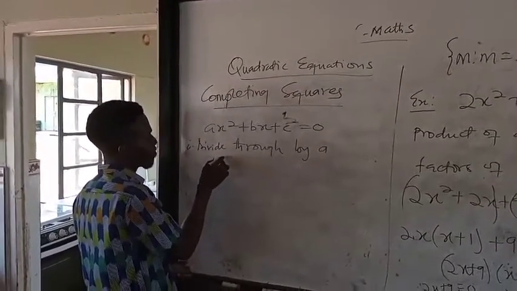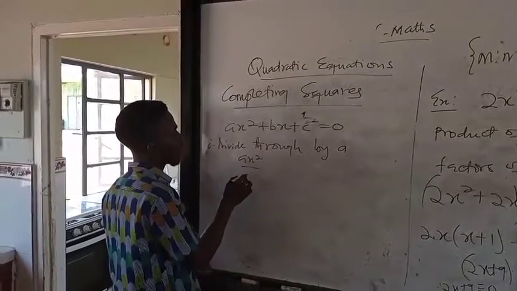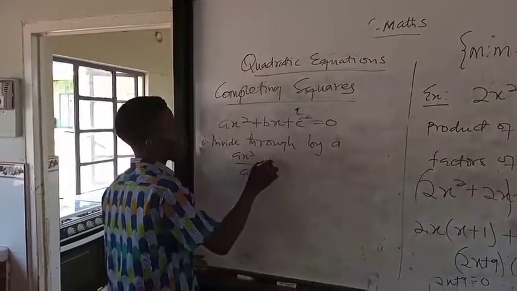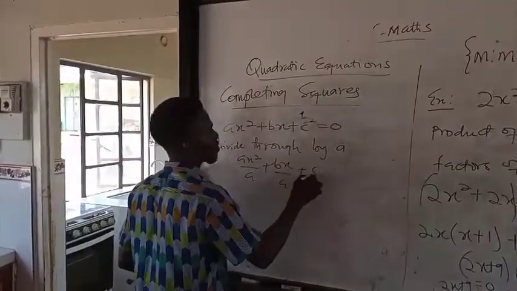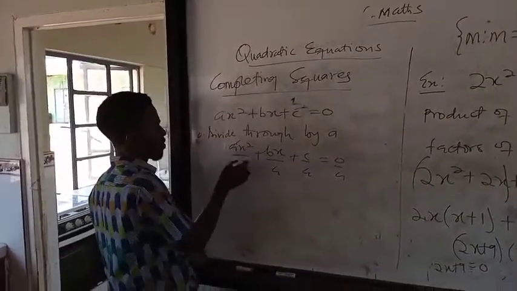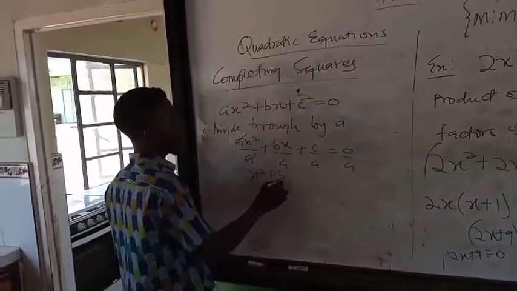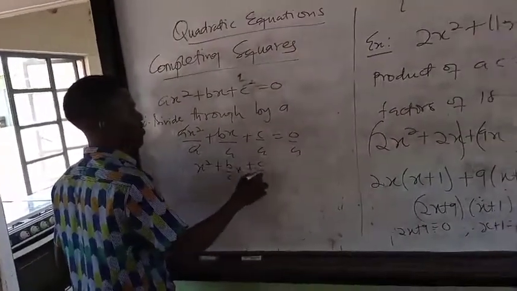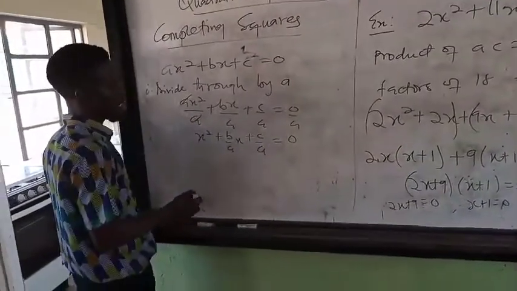Now as you divide the whole equation by a, what are you going to get? You are going to get ax squared over a plus bx over a plus c over a is equal to 0 over a. Now you get x squared plus b over a x plus c over a is equal to 0.